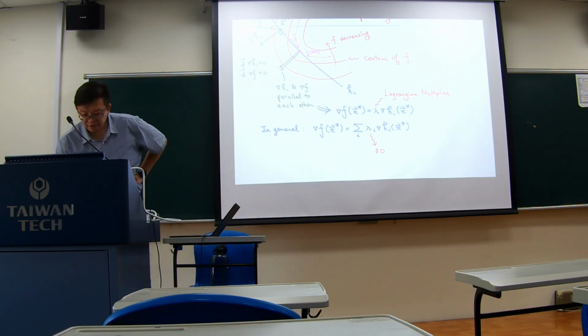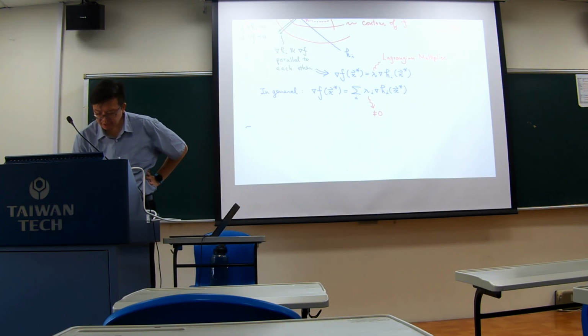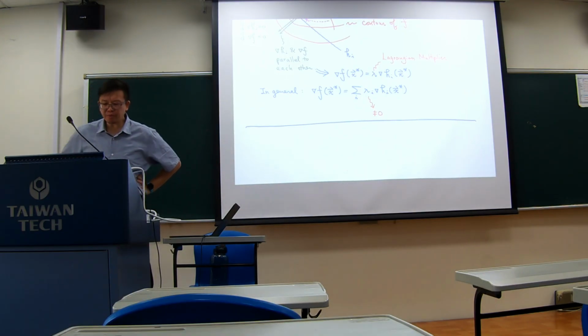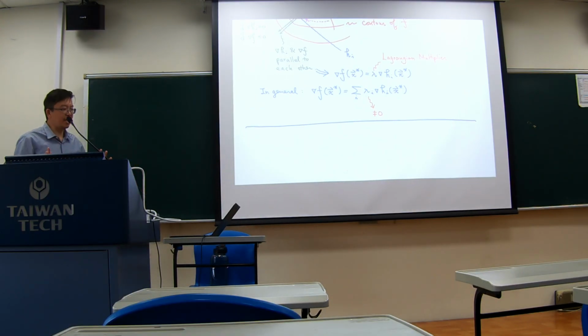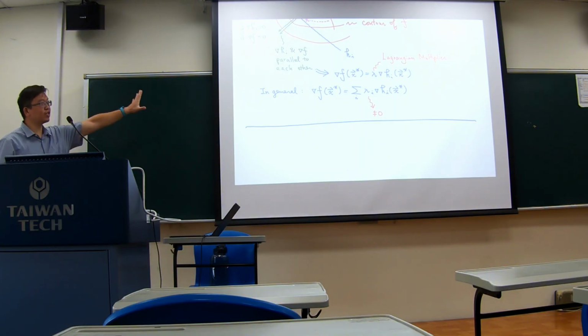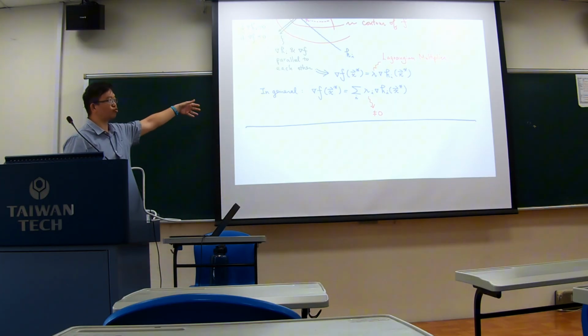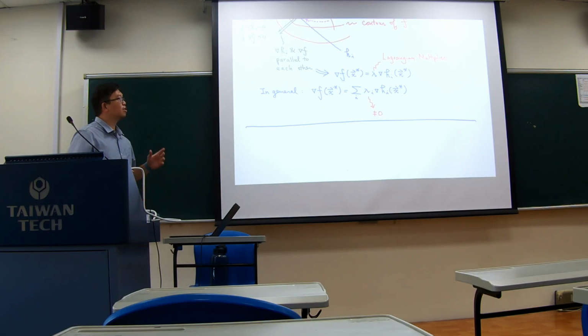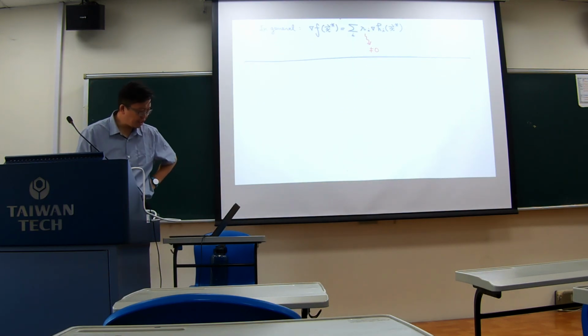So with this idea, it seems like we can investigate whether a design point is optimal or not. And we can also investigate whether a point is feasible or not with equality constraints. So this is a general description. How about optimization with inequality constraints? So let's talk about inequality constraints.